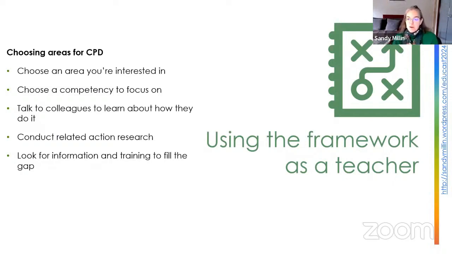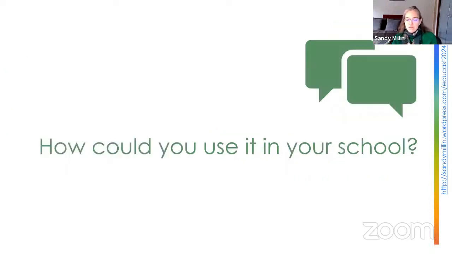You can look at the MORSIG blog. How do other people do it? You can also put questions out on social media, for example, to get other people to give you ideas for how to improve. So the thing that I would like you to take away is think about how could you use this framework yourself? How could you use it in your school?